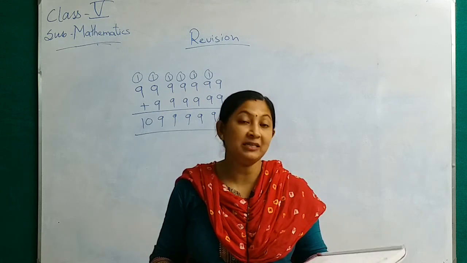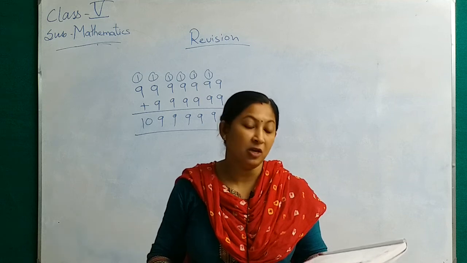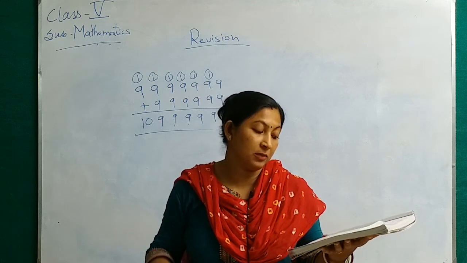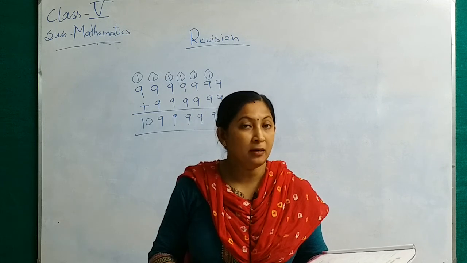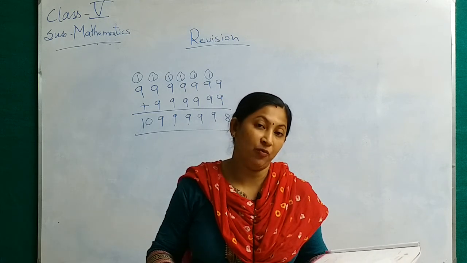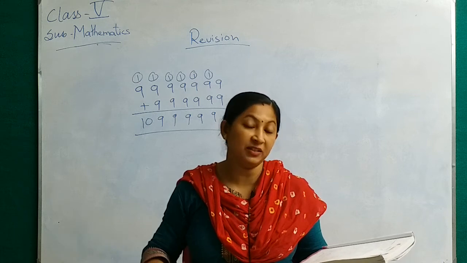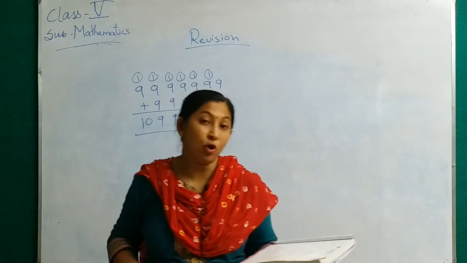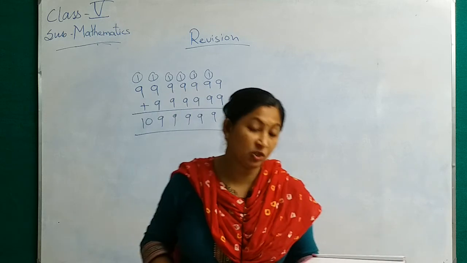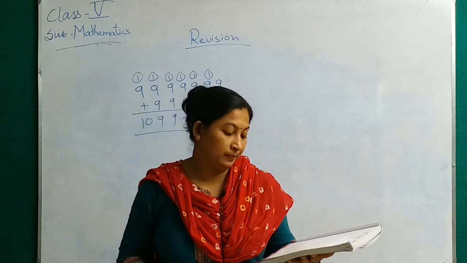So you will give the tick mark in option B, because 1 is in the one place and after that 8 zeros. It will make the 100 million. Not option C. The answer is option B, 8.